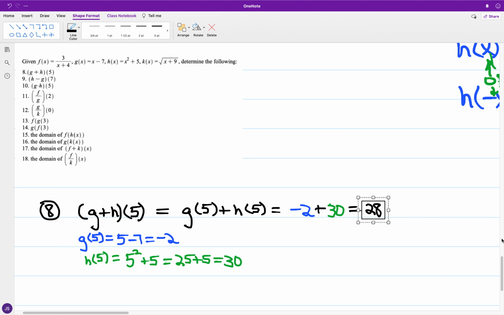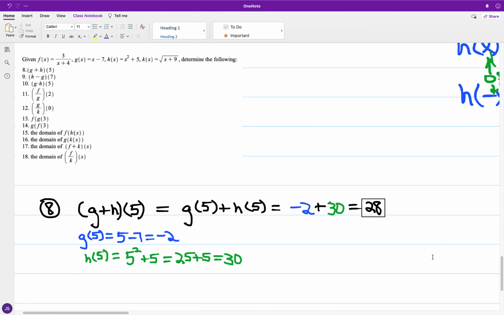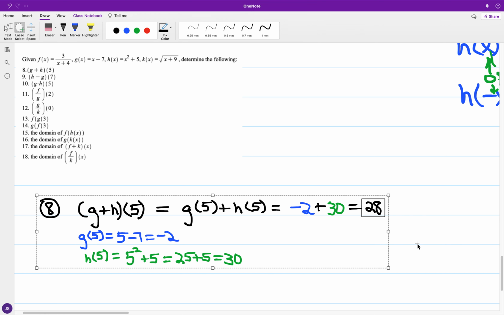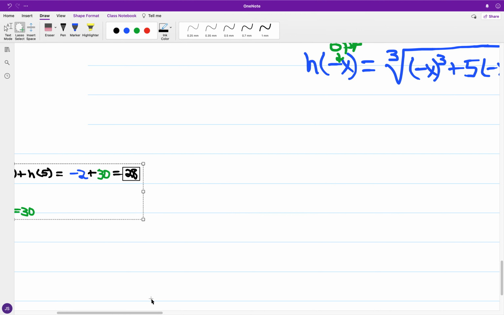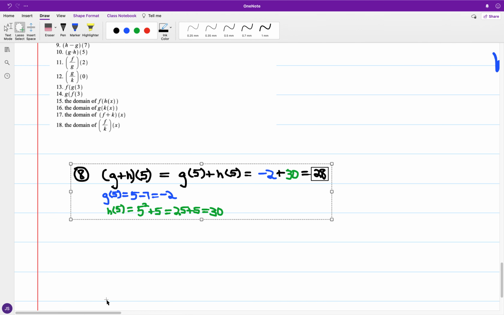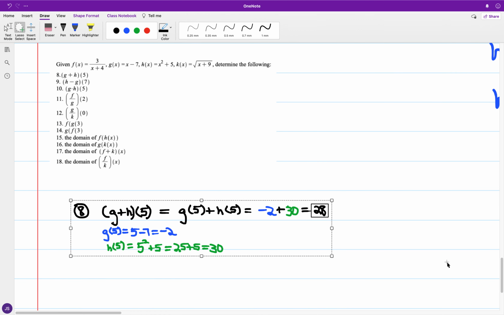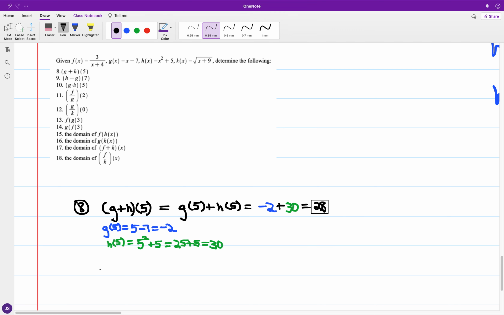Now for number 9, we're looking at h minus g of 7. So h minus g of 7 is h of 7 minus g of 7.